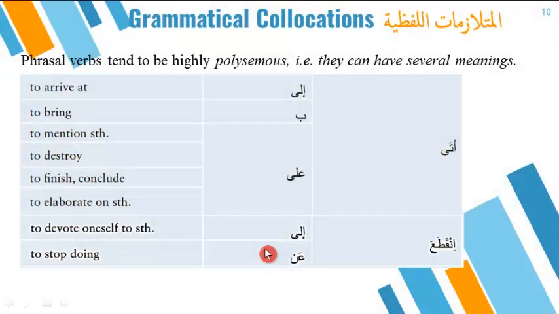We go to another topic, which is the grammatical collocations, المتلازمات اللفظية. And we start with examples from Arabic. These are phrasal verbs. For example, أتى changes its meaning depending on the particle, الحرف الذي يليه, that follows the verb.